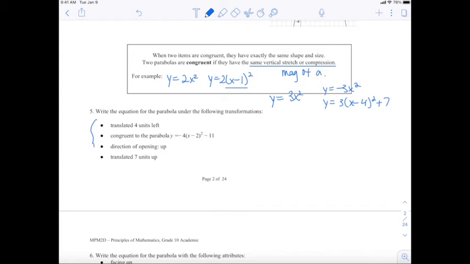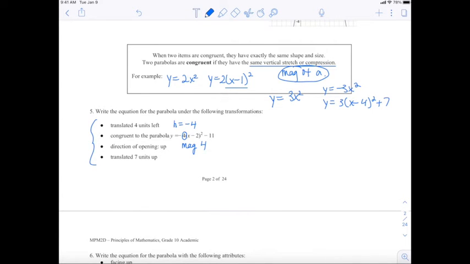So I can now put that into a question like number 5. If it's translated 4 units left, I know h is negative 4. If it's congruent to this parabola, well, now I have to ignore the sign of a, I know that the magnitude has to be 4. Okay, the sign may or may not be negative, but congruency depends on the magnitude of a.